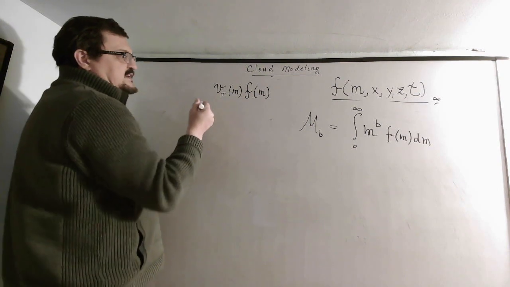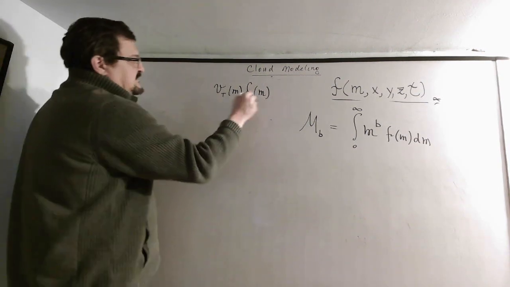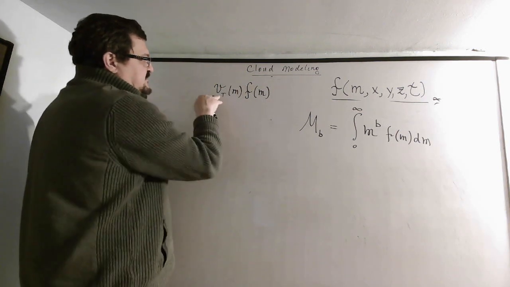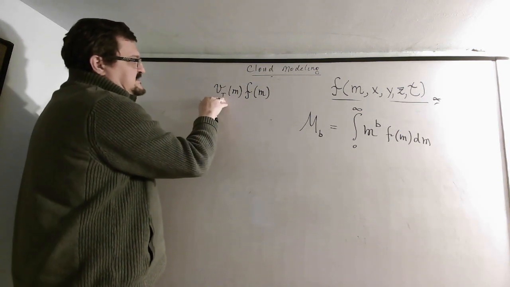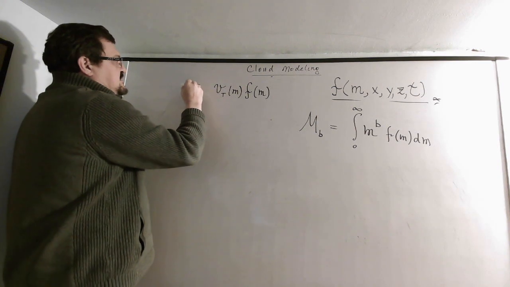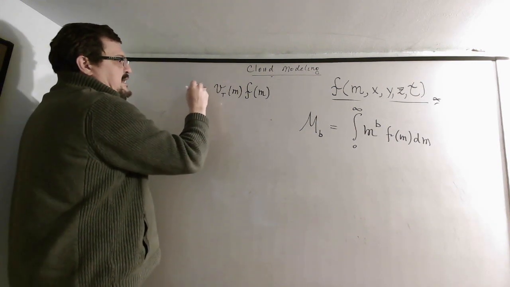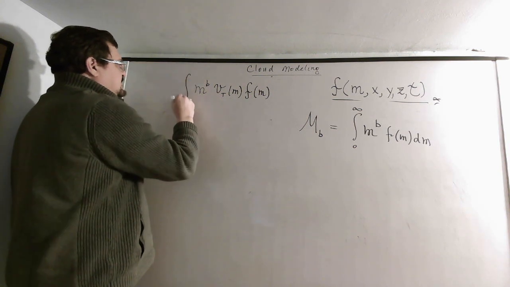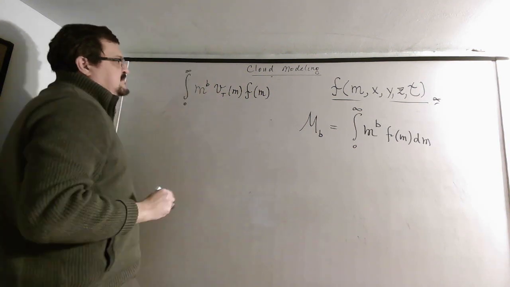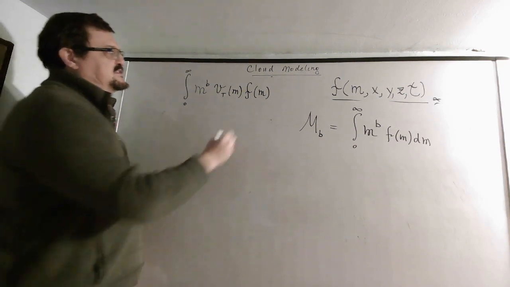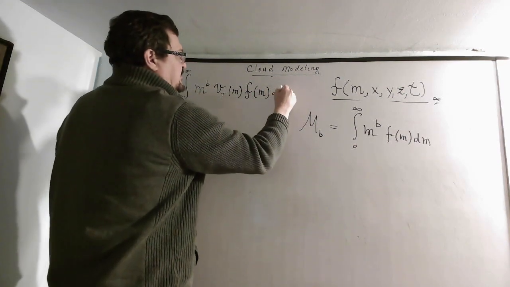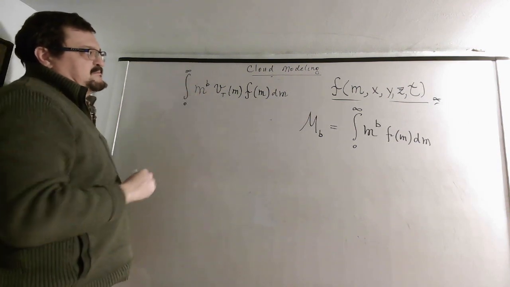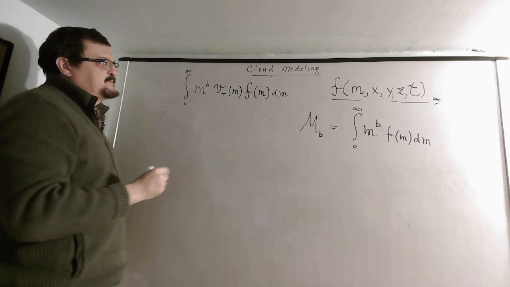So you take your equation for your moment b, and this flux, the sedimentation flux due to terminal velocity vt, and you multiply it by m to the power of b, and now you integrate it. So this is your sedimentation of your moment m^b. Now by itself it's kind of useless.